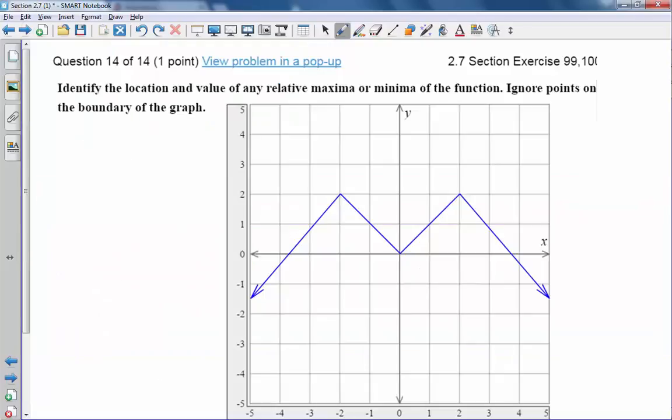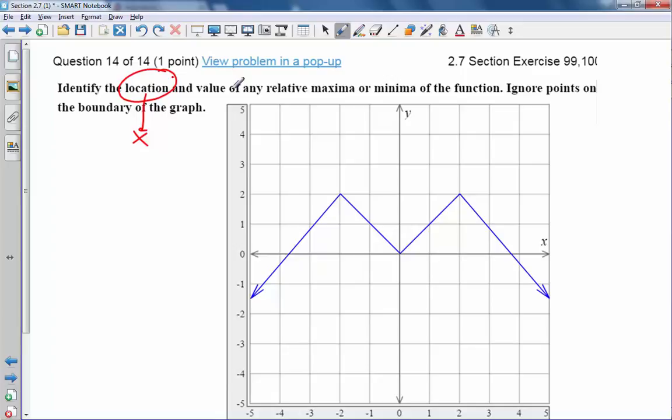All you need in this section is to know visually what local max and local min are. In this graph, you have several local maximums and one local minimum. Can you spot them? There are two parts you need to make. Location means the x value of the peak point.